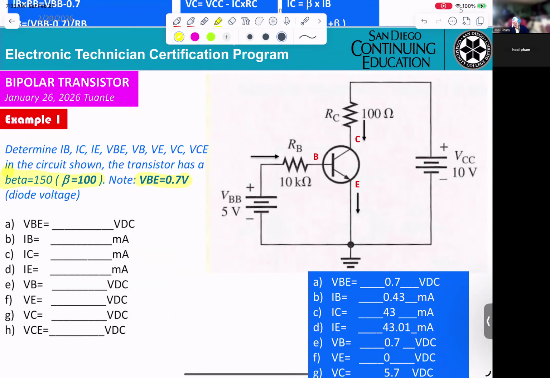Okay, so the first thing you know, that's right here, plus, minus, 0.7. So you already say VBE will be 0.7. That's a given, so you don't have to calculate it.